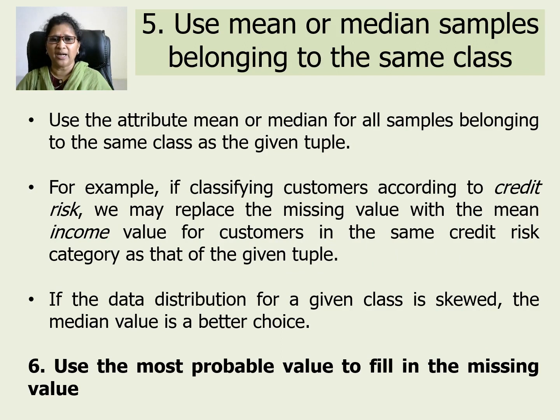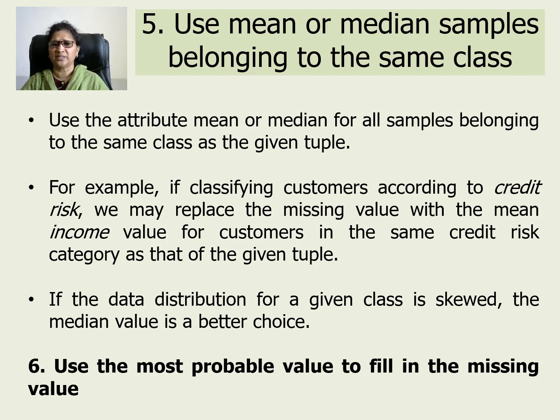Next way of handling is to use the mean or median of samples belonging to the same class. As we just learned, we are going to classify the whole data into a number of classes using supervised learning for labeled data, and in that case whatever is the mean of one particular class is used to replace the missing values, and similarly the median.